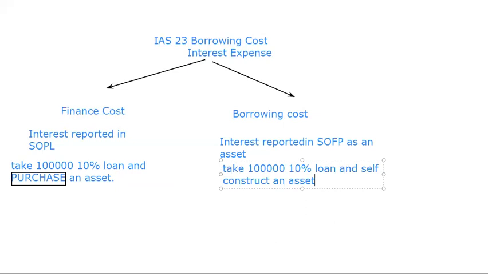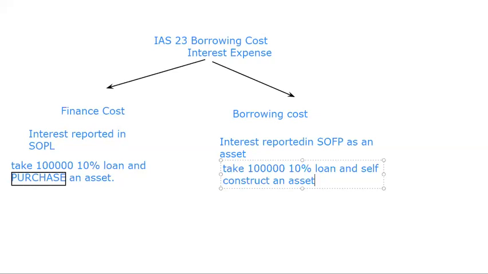So you have two choices when you take a loan. One is to purchase a built asset, right? I go out and buy a building that is already there. The second option is I take a loan and build my own building, right?